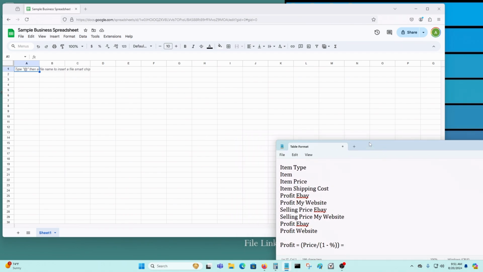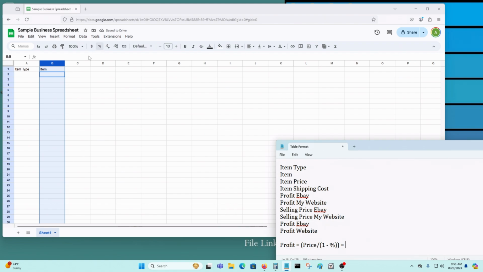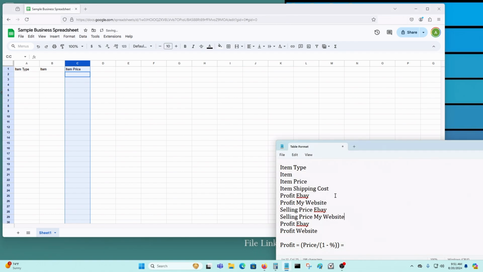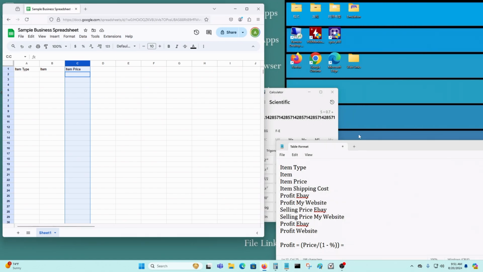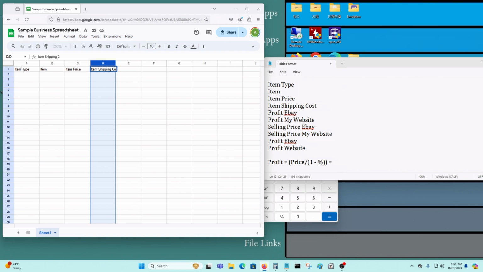And for the first row column, I'm going to put item type. Second, I'll put item. Third, I'll put item price. Now so I can see better, D, I'll put item shipping cost. E, I'll put profit.